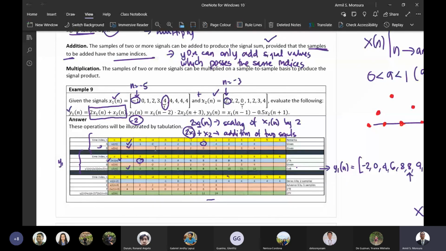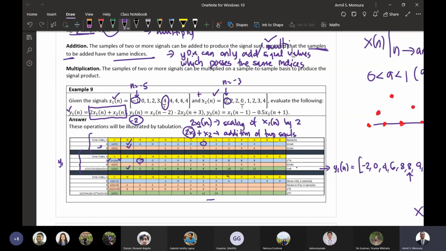Okay? So, yun yung rule lang talaga na tatandaan niyo in terms of addition and multiplication. The rule is you can only add or multiply signal values which possess the same indices.